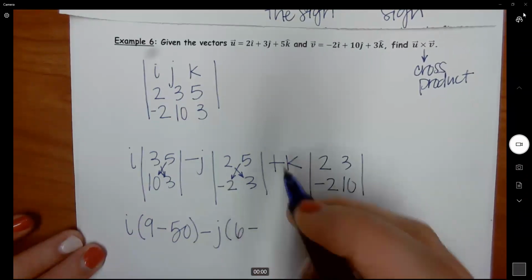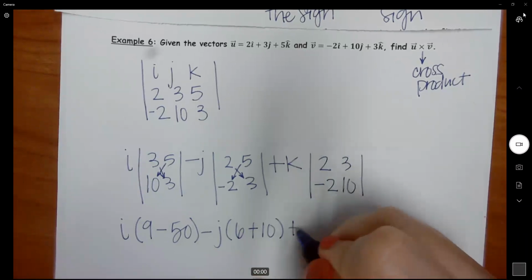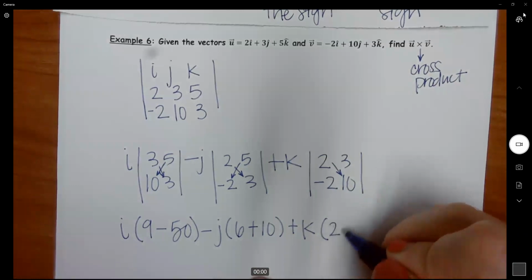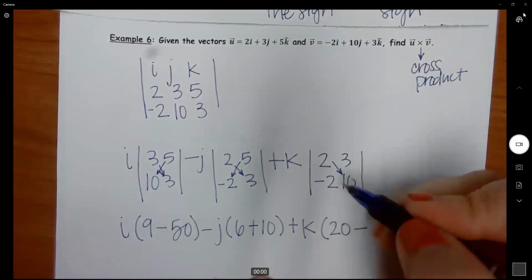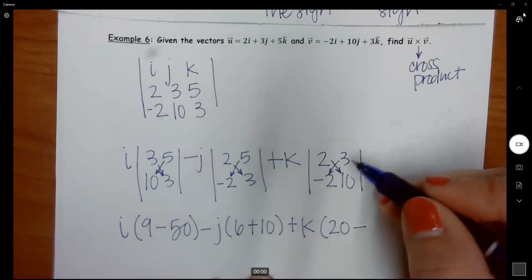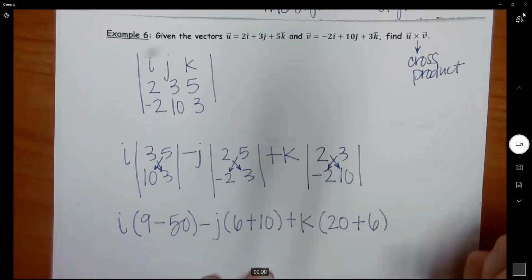So minus a negative 10 becomes plus 10. And then plus k, my A times D is 20, minus from the formula 3 times negative 2 is my BC, which is negative 6. So this becomes plus 6 because we're doing minus a negative 6.